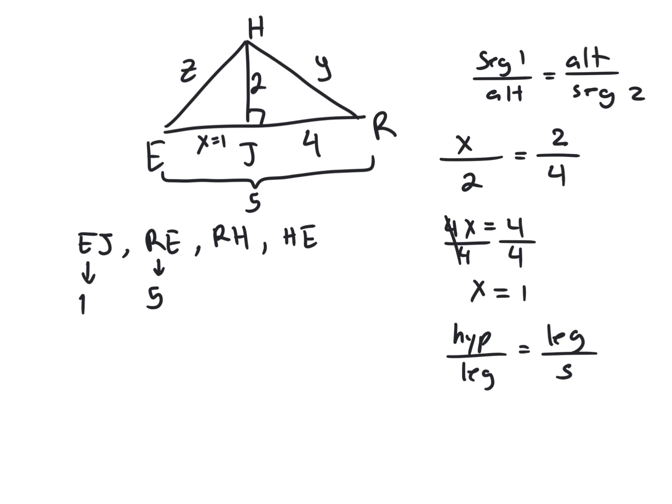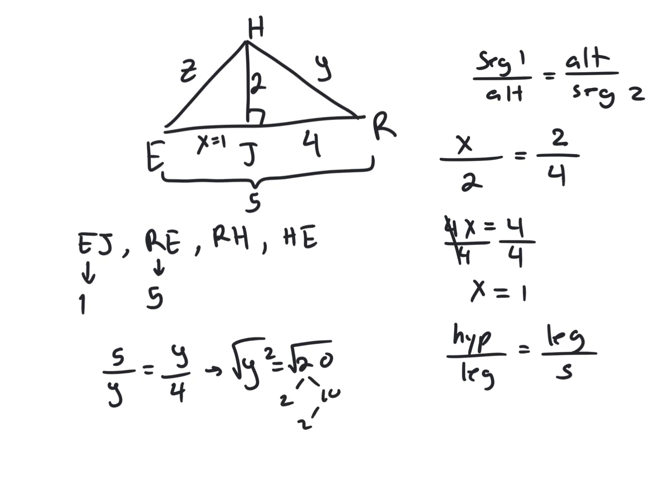So I'm going to set it up as 5 over y equals y over 4. I'm going to cross multiply, and I get y squared is equal to 20. Now 20 is not a perfect square, so I'm going to factor tree it. So y is equal to 2 root 5. So RH is 2 root 5.